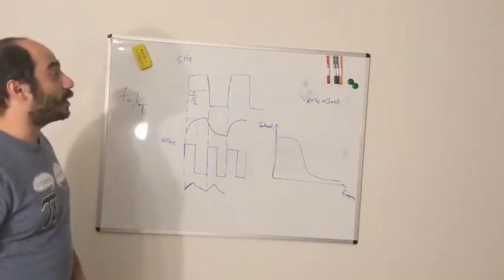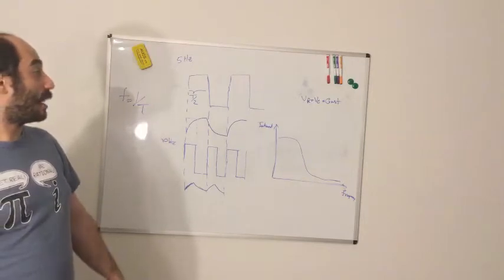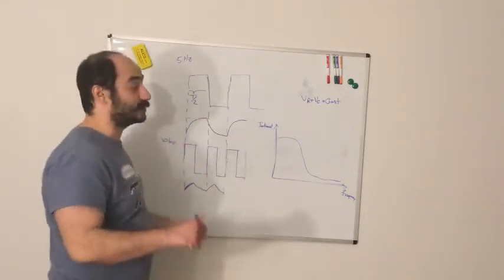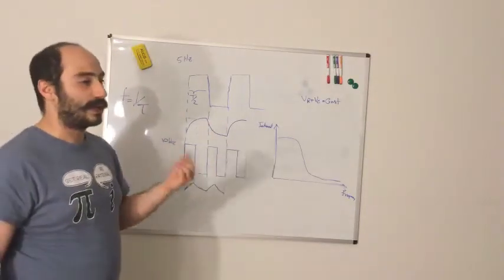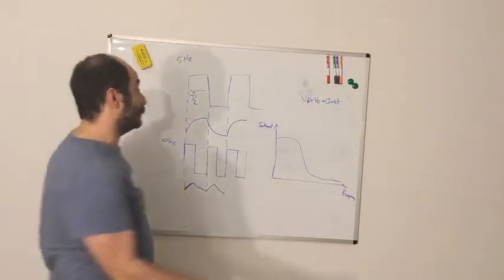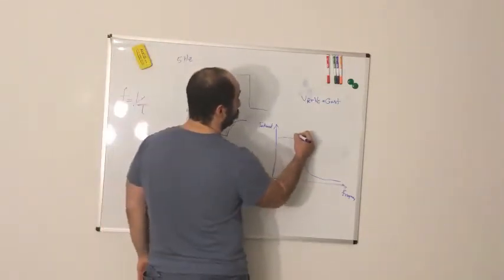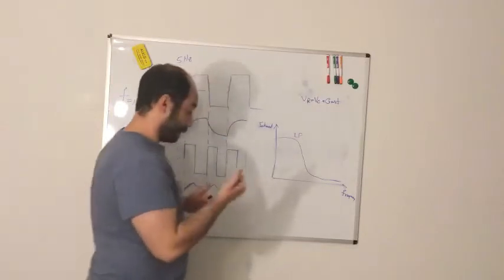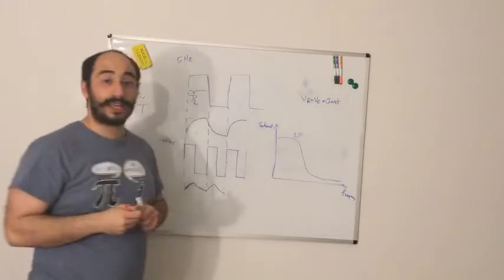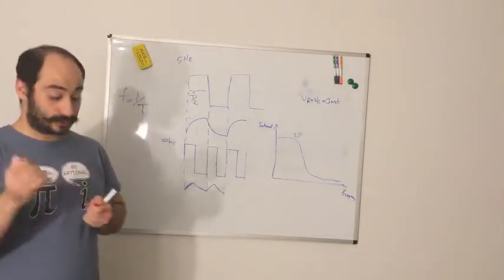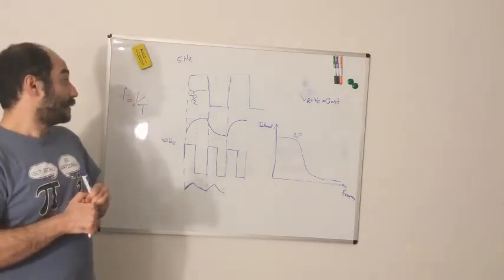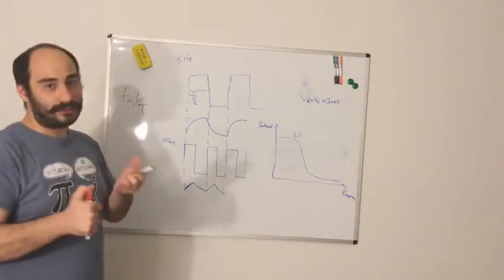Okay, now I mentioned that in the whole RC circuit, you have VR plus VC is equal to V input, and which is gonna be a constant. So this is for your low pass. If you measure on two sides of the resistor, you're gonna have the high pass, right?